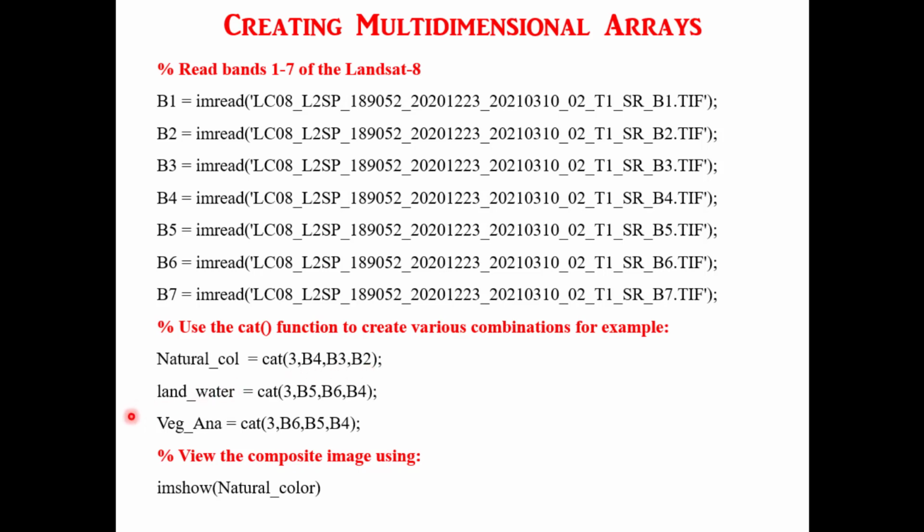To carry out analysis on land and water, we concatenate band 5, 6, and 4. While to carry out vegetation analysis, we concatenate band 6, 5, and 4. And then we can view the composite image using the function imshow, meaning image show, with the image as input to the function.